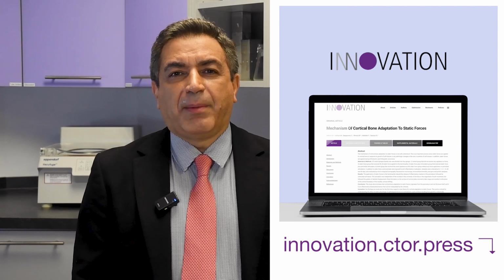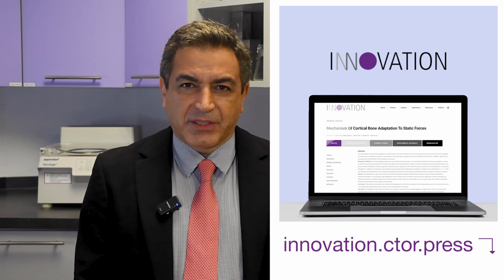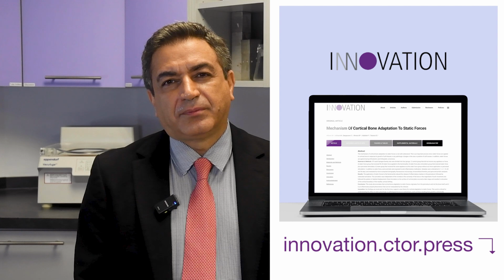Now that we went through the experiments, we need to emphasize what is the clinical application of all these experiments. Why is it so important? In the last 2 sessions, we demonstrated that in response to application of static forces to the alveolar bone, there is a new biological target that we did not recognize so far.